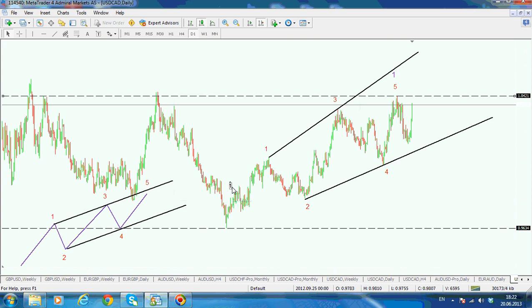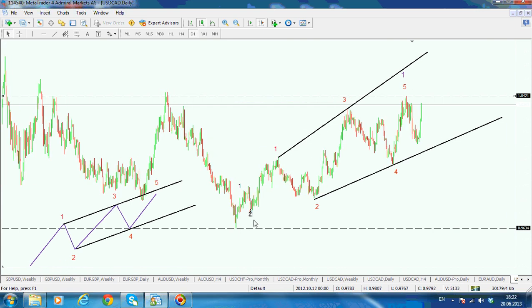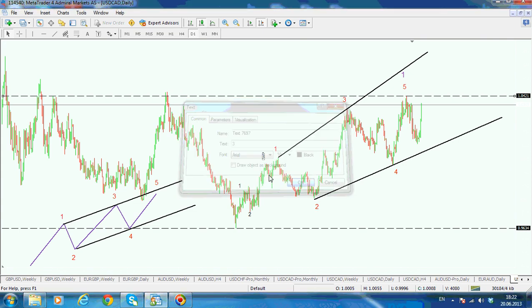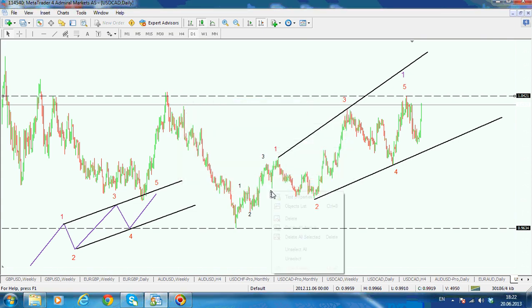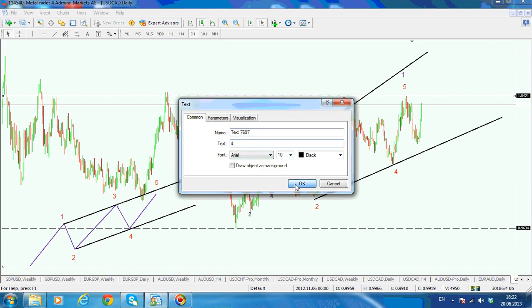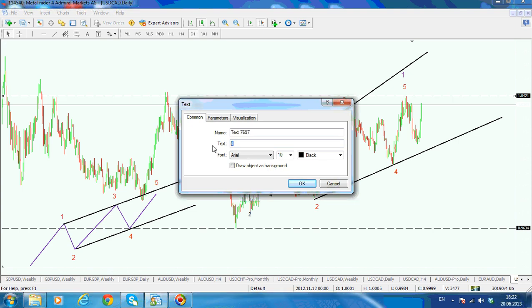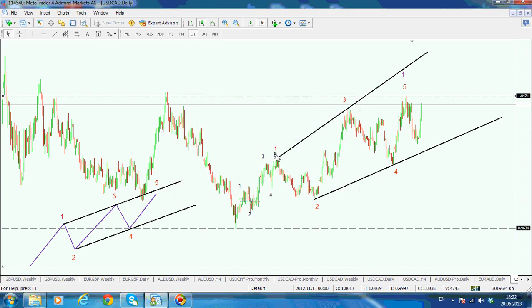So 1, 2, 3, 4, and 5. So 1, 2, 3, 4, 5 waves to the upside, and once again the rule says that the first wave of a leading diagonal must be an impulse or a leading diagonal.